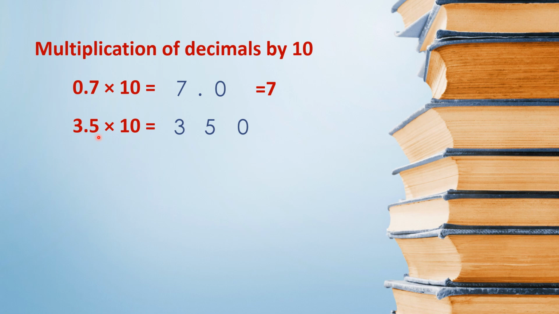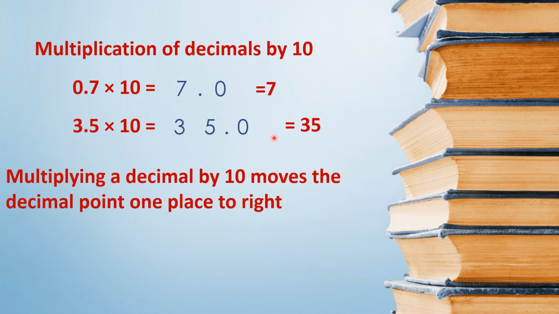Because here the decimal is after one place, we will count one digit and put the decimal here. It is 35.0 and 35.0 is equal to 35. It means we can say that multiplying a decimal by 10 moves the decimal point one place to the right.